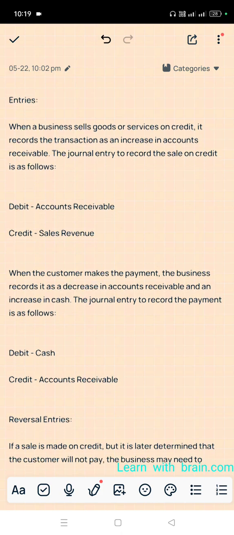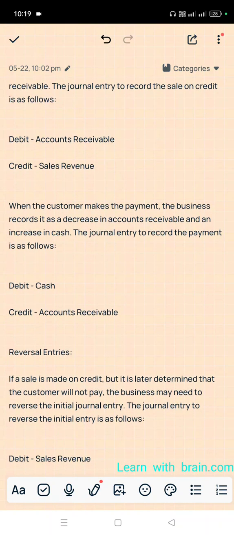Okay, when the customer makes the payment, the business records it as a decrease in accounts receivable and an increase in cash. Okay, I hope you understand. So at the time of sale on credit, debit accounts receivable, credit sales revenue. At the time of receipt of amount from the customer, we have to reverse.